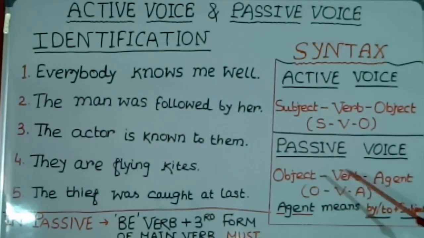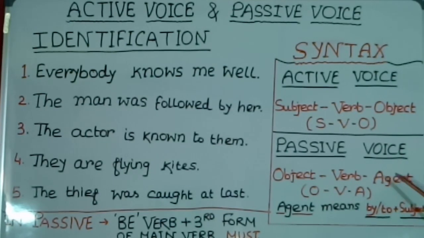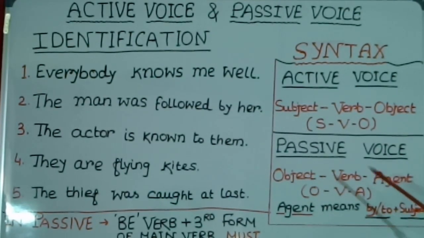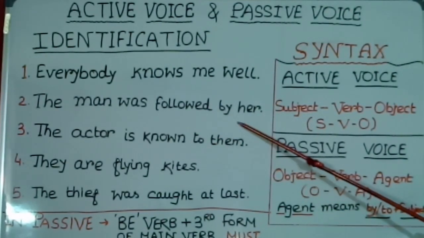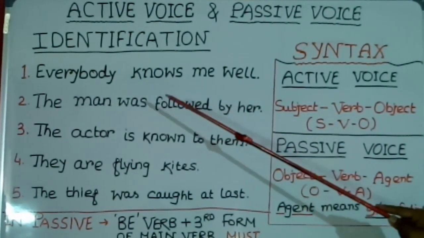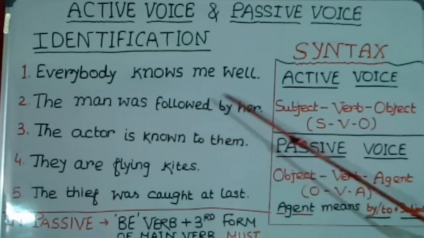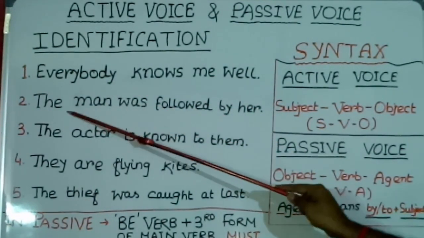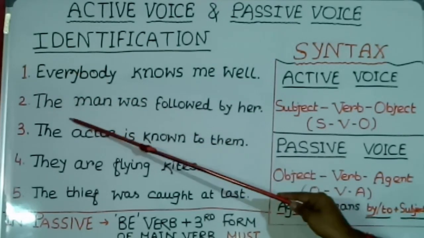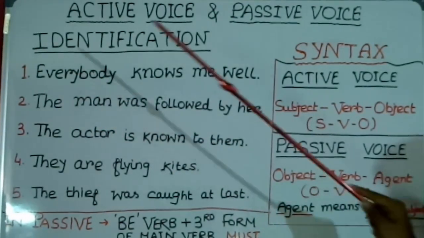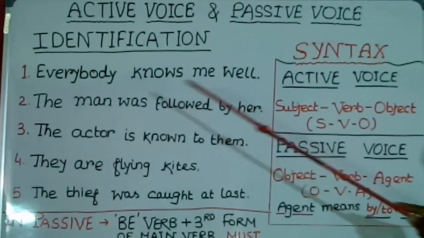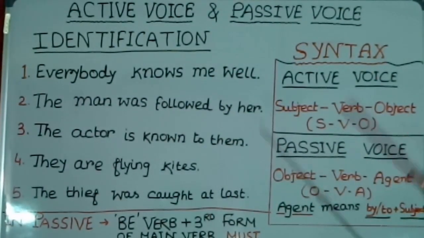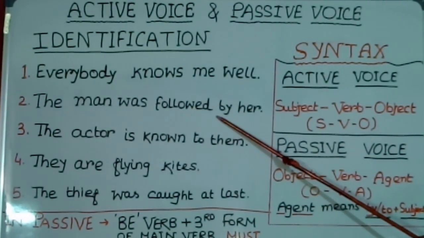As I have told you, whenever the subject is put beside the preposition by or to, we call it agent. So after the verb we can see the agent. And whom did she follow? She followed the man. So man is the object, and it is written first. So object, verb and agent. This pattern is followed by passive voice, so we call this passive voice.